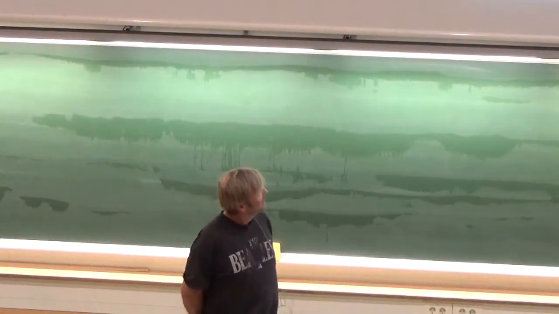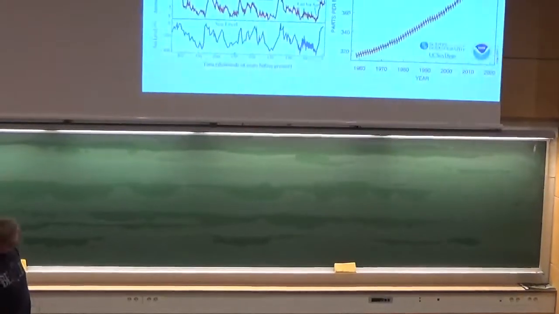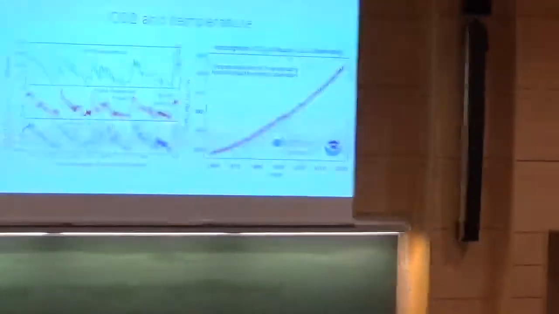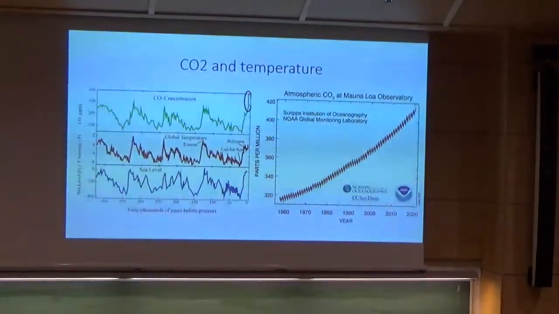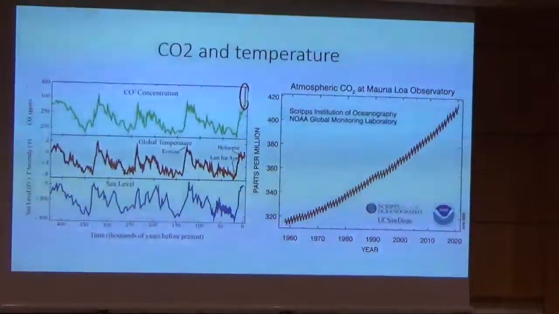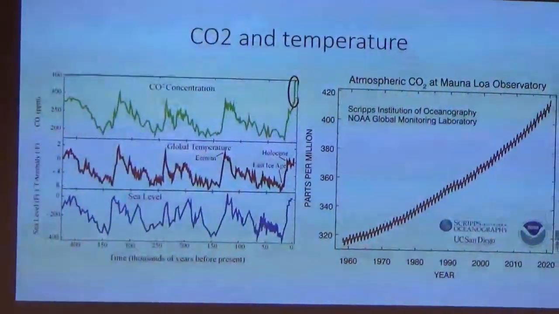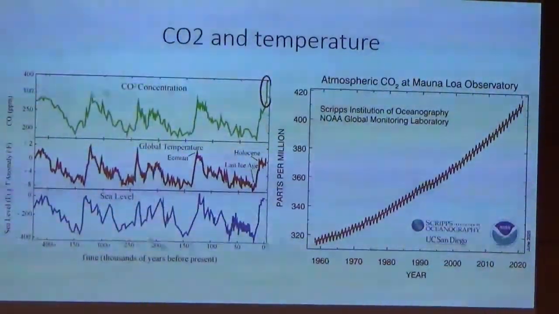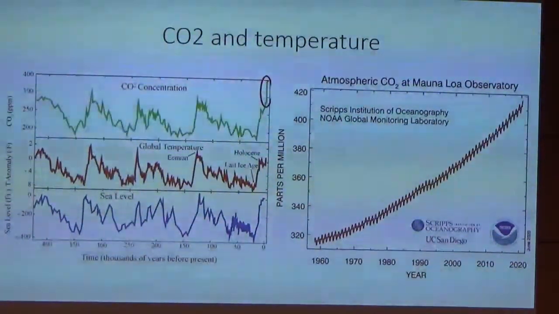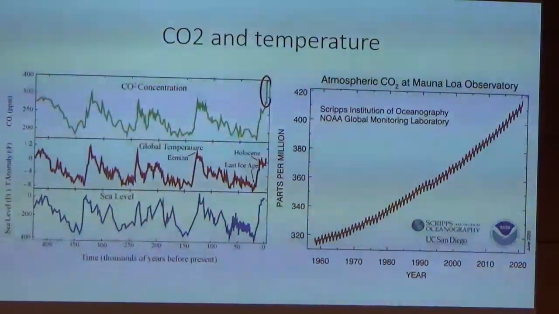And if I had been a young researcher with a theory that CO2 concentration correlated with global temperature, and I went to the lab and got my data, I would be really happy about the result, because it seems to literally be the same graph, more or less.